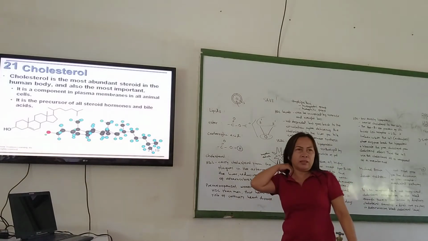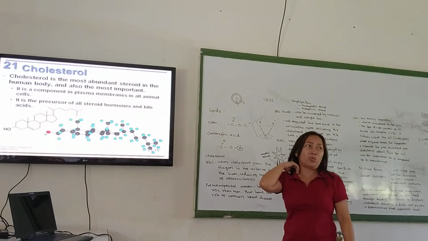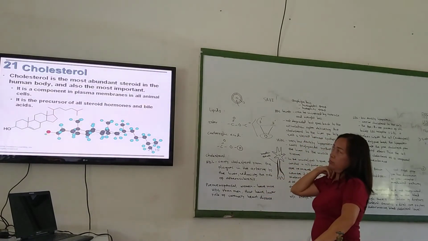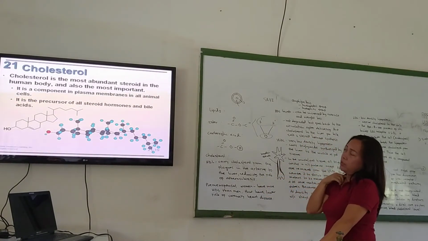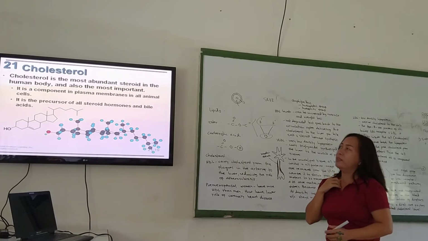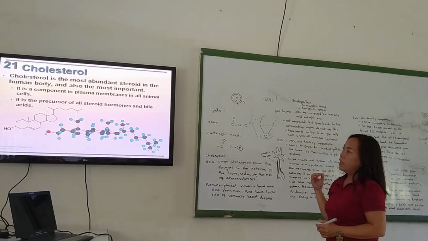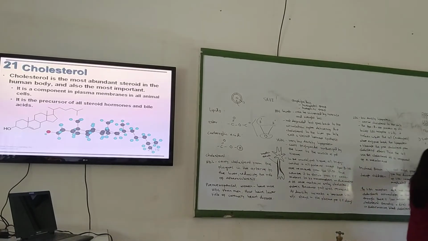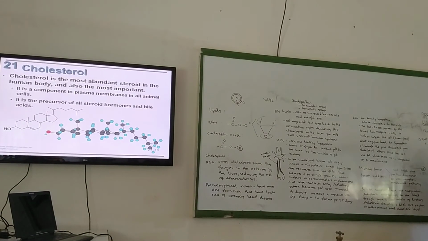Cholesterol is the most abundant steroid in the human body and also the most important. There are some negative connotations when we hear the word cholesterol. We may think that all cholesterol is bad, but actually it is the most abundant and most important. It is a component of the plasma membrane. As I had said, cholesterol helps in the fluidity of the membrane.